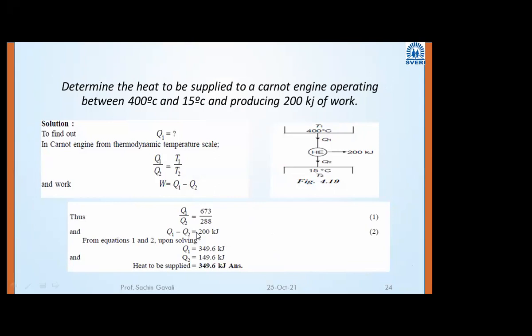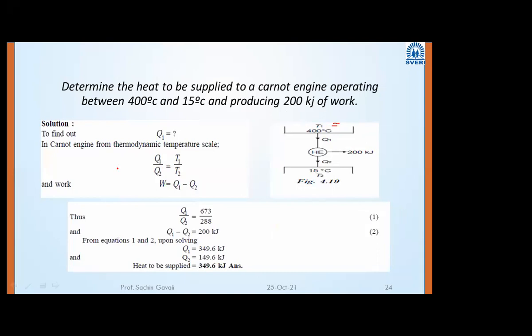Yes, you solve. Determine the heat to be supplied to a Carnot engine operating between 400 degrees Celsius and 15 degrees Celsius and producing 200 kilojoule of work. So T1 is 400 degrees Celsius, which in Kelvin is... Try to solve it on your own first and then take reference.